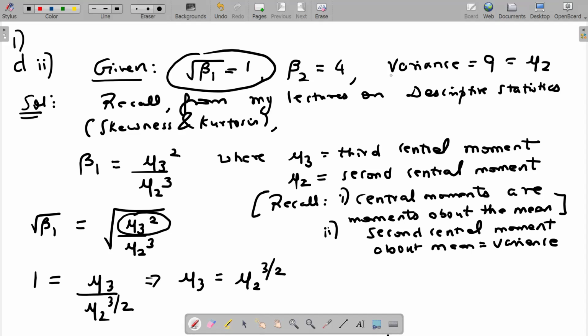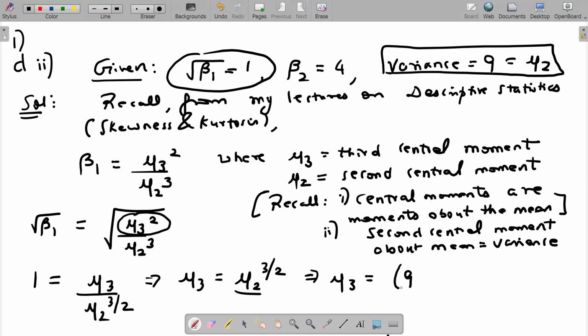In the question, we were given that variance is 9. So mu2 is 9. So mu3 will be what? 9 to the power 3 by 2, which will be 9 to the power half cubed. Remember 3 by 2 I can write as half to the power 3. So 9 to the power half is 3 and 3 cube is 27.